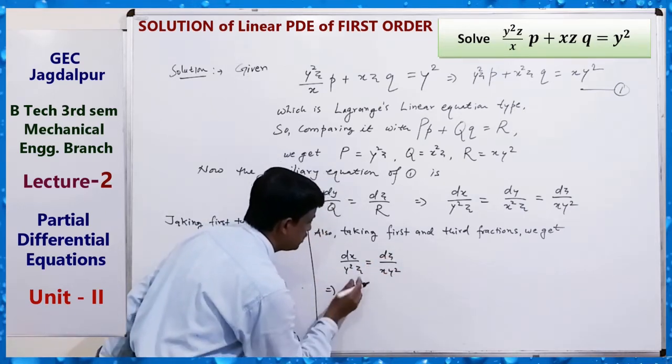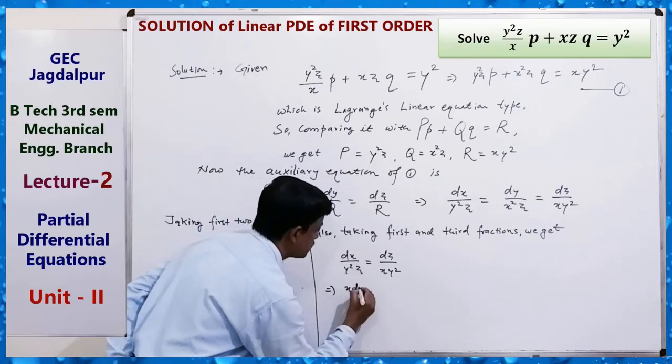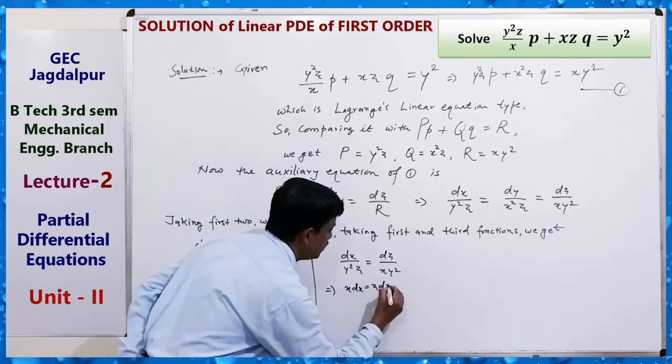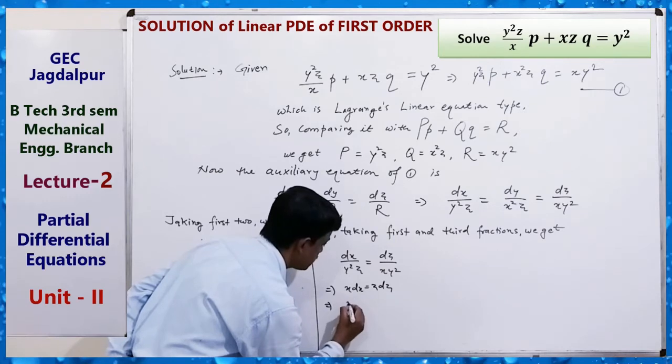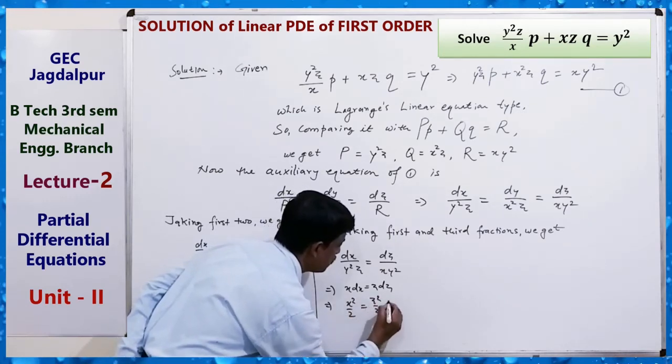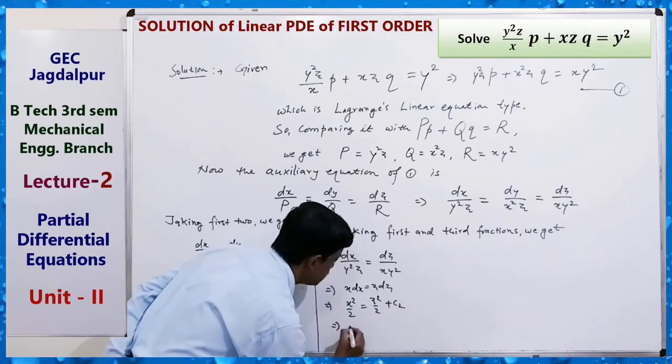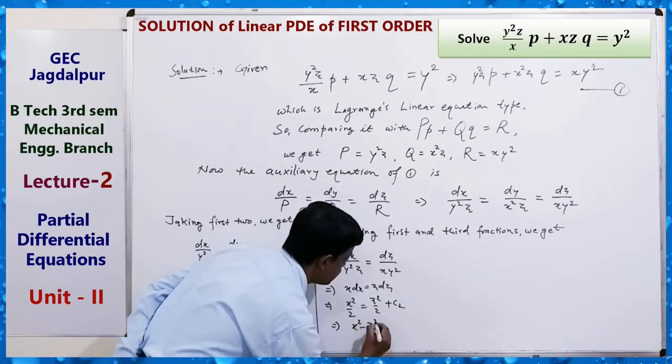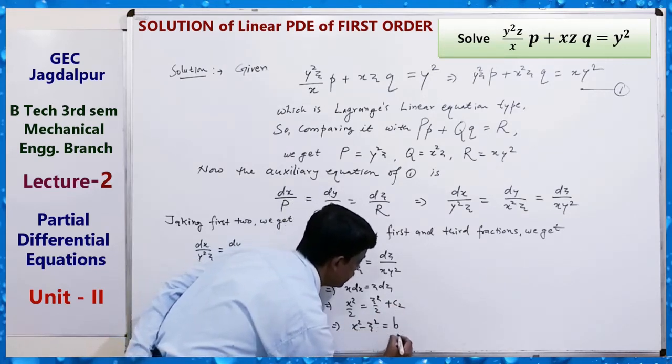So y square cancels, and x dx equals z dz. It implies x square by 2 equals z square by 2 plus c2, which implies x square minus z square equals 2c2, which means b. Equation third.